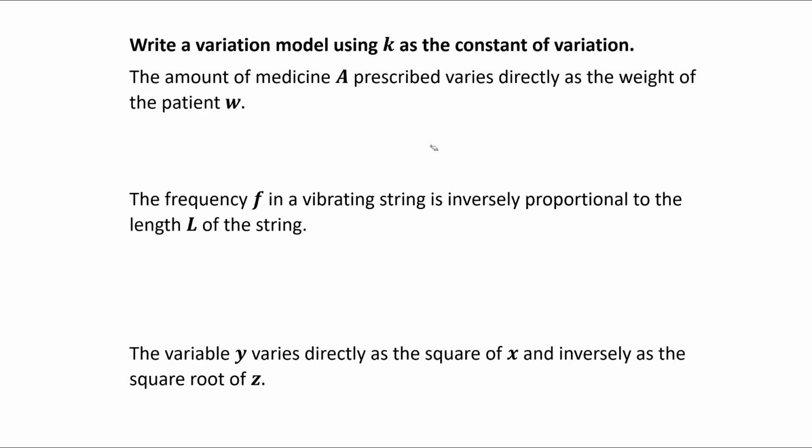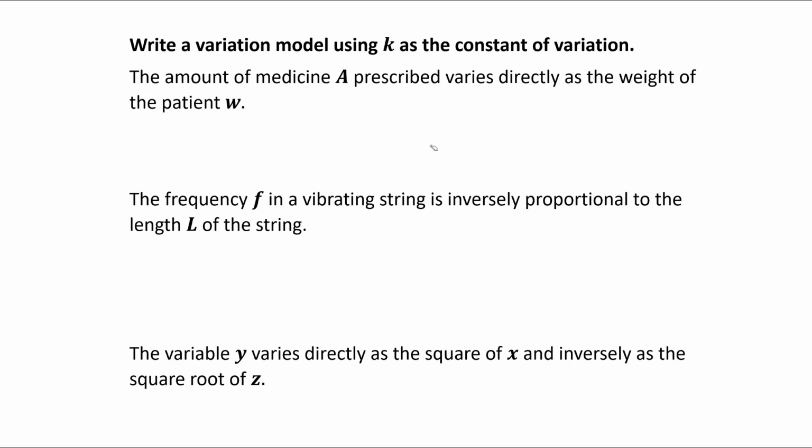So the first problem says the amount of medicine A prescribed varies directly as the weight of the patient, which makes sense. The more you weigh, the higher your dosage is going to be. So those two quantities go up together or down together. If you weigh less, you have a lower dosage. So the amount of medicine A varies directly as the weight of the patient.